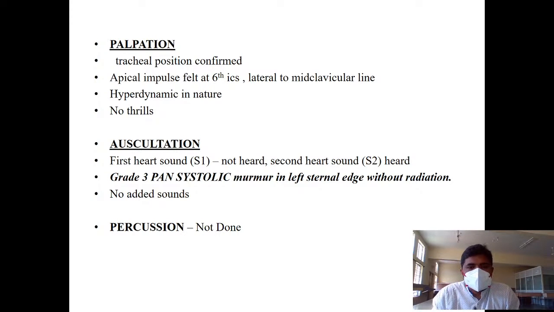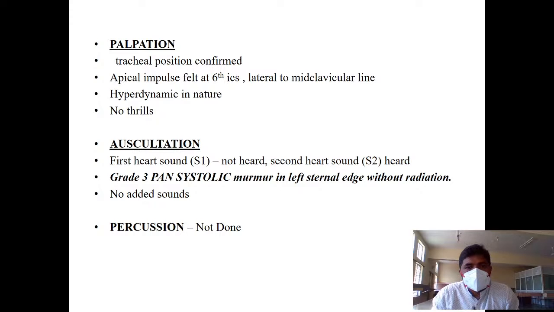When you have a severe shunt, the intensity of the murmur will come down. A narrow hole makes a loud noise. When the hole is large, the noise becomes low. So if you have a large VSD, don't expect a higher grade of murmur.